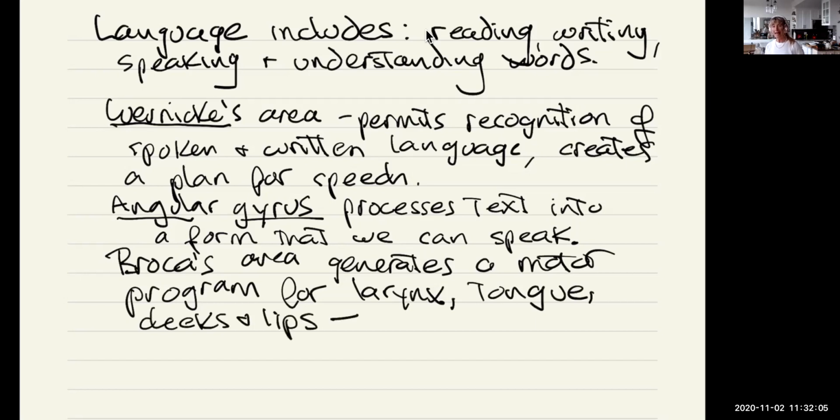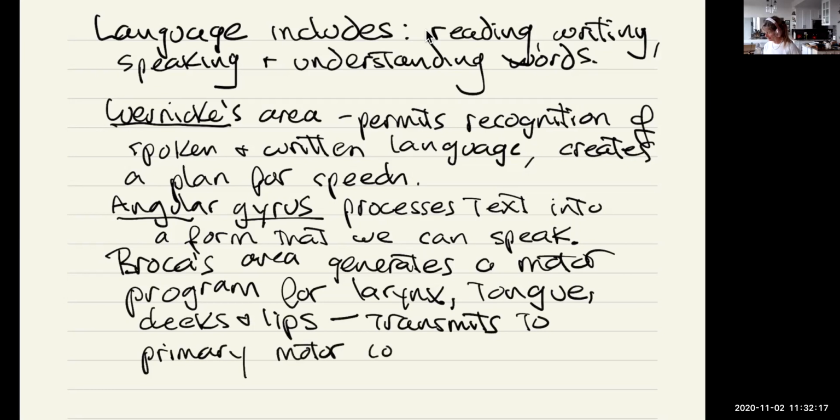And it transmits that to the primary motor cortex through synapses for action.